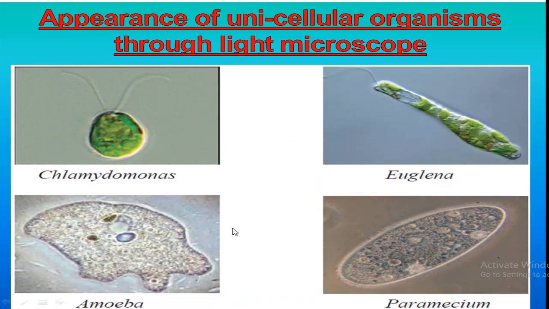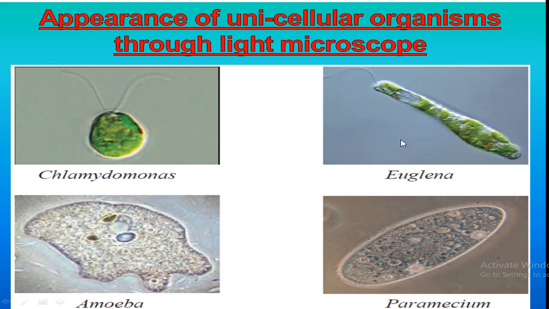Those are some pictures relevant to the unicellular organism. The first one, this picture represents the chlamydomonas. Chlamydomonas also belongs to a unicellular organism because it contains only one cell, right? This picture represents the euglena.